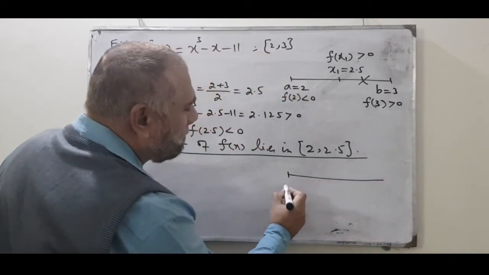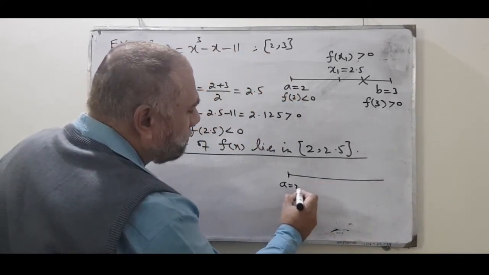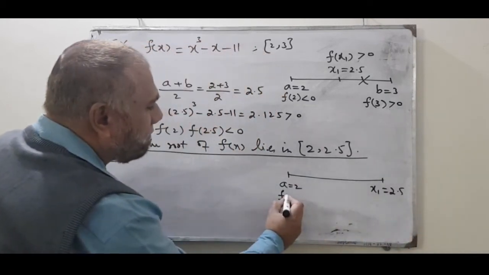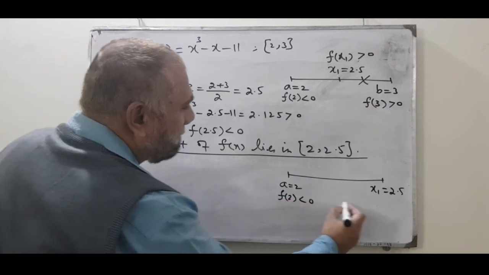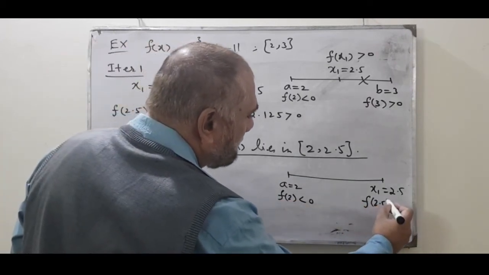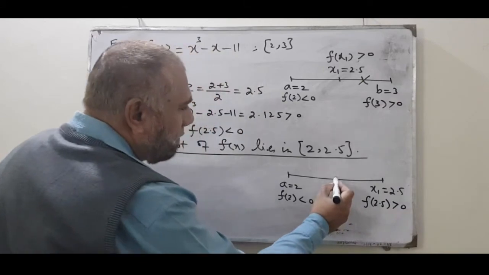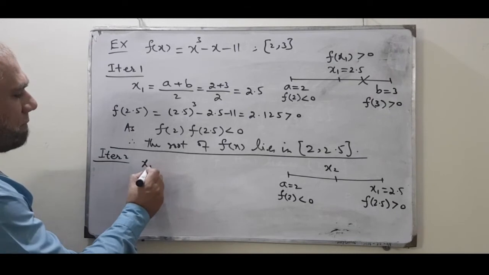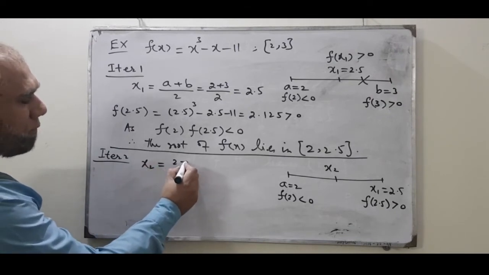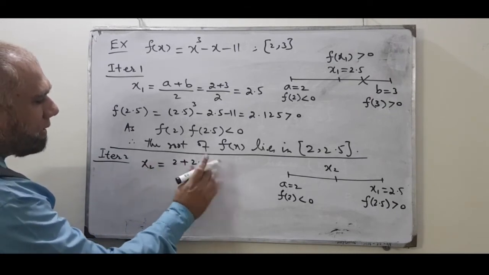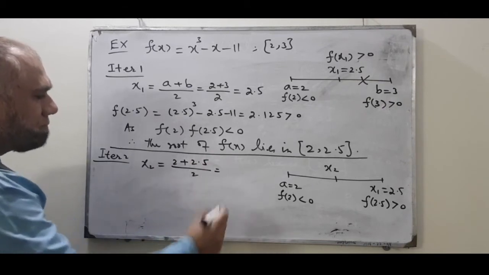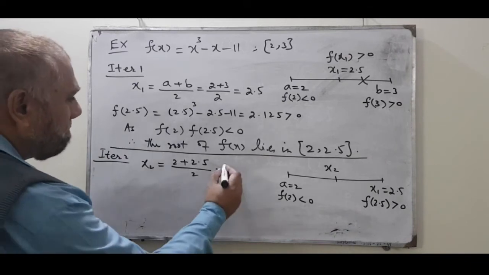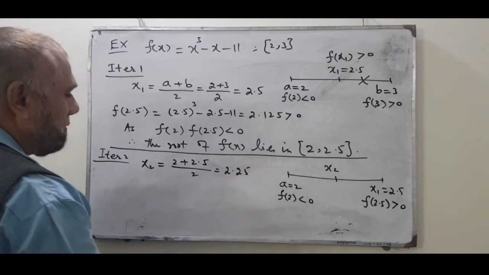The new domain is now in between a equals 2 and x1 equals 2.5. Here we have the value which is negative, and here we have the value of the function which is positive. Okay. Now we go in search of the midpoint, which is x2, and x2 can be obtained by taking the sum of the two endpoints, 2 and 2.5, whole divided by 2. So whenever you divide it, we get 2.25.